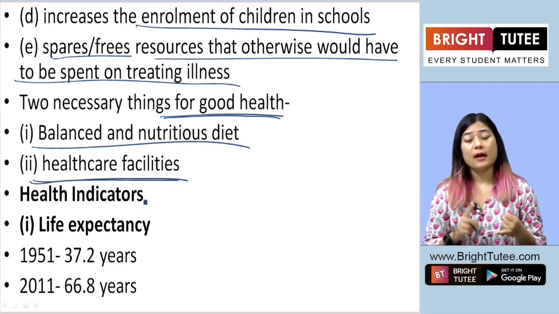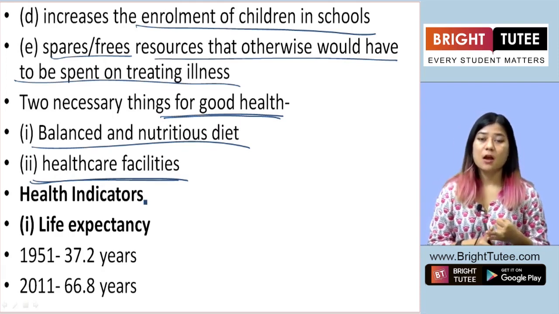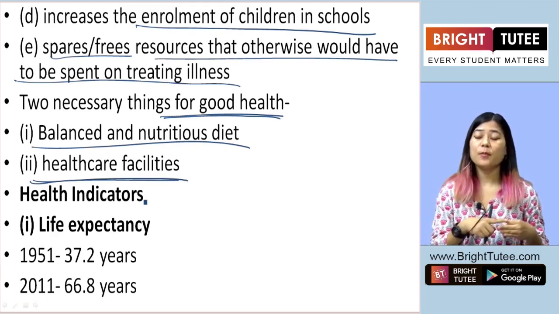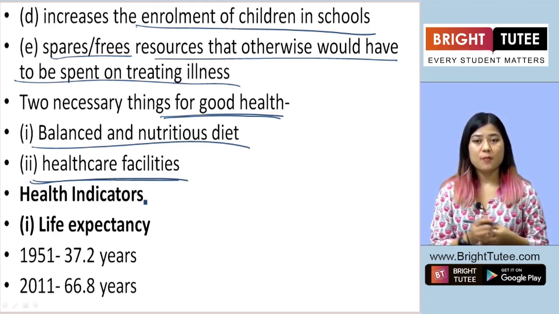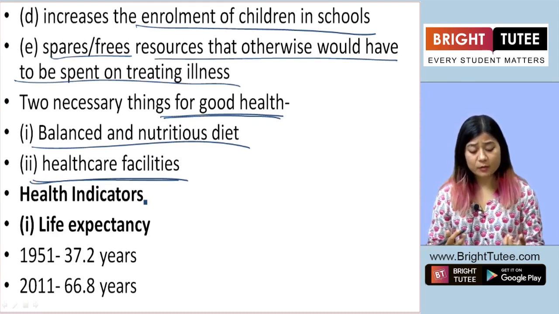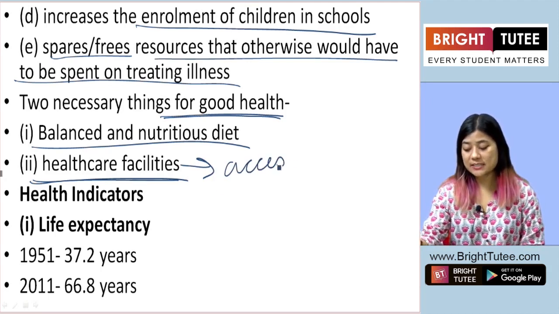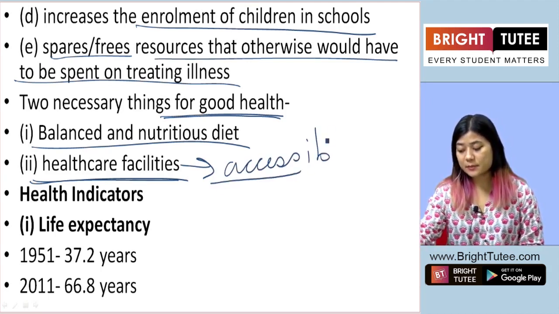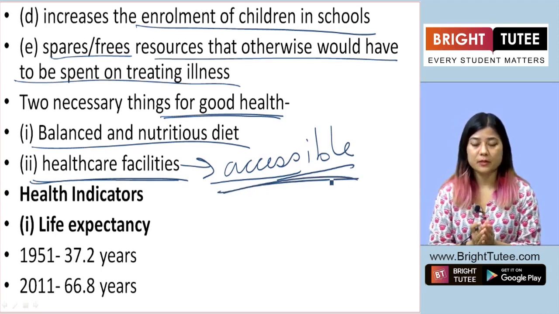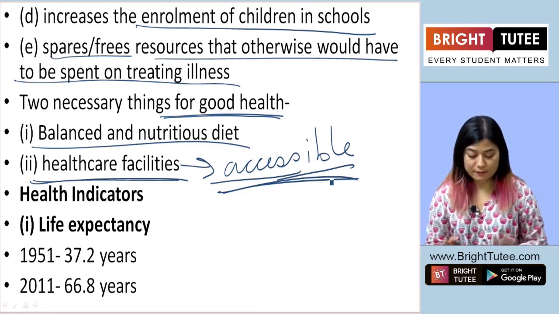There need to be proper hospitals, proper healthcare centers, proper doctors, proper healthcare services, and proper equipment required for checkups. But this also means that the healthcare facilities need to be accessible to all the people, not just a small group, not just one family or one community, but everybody.